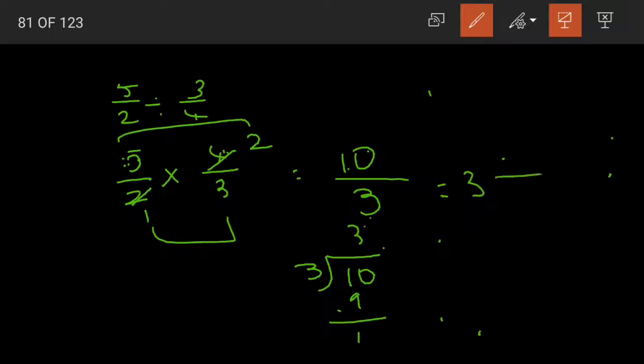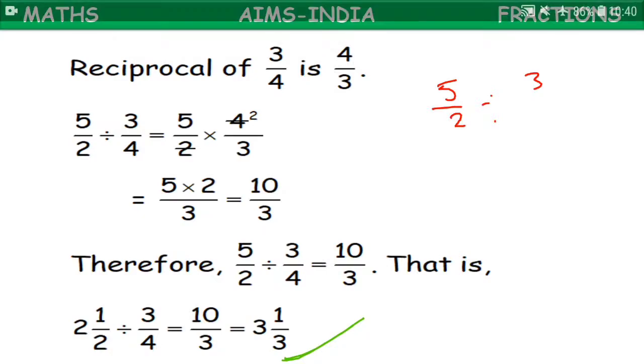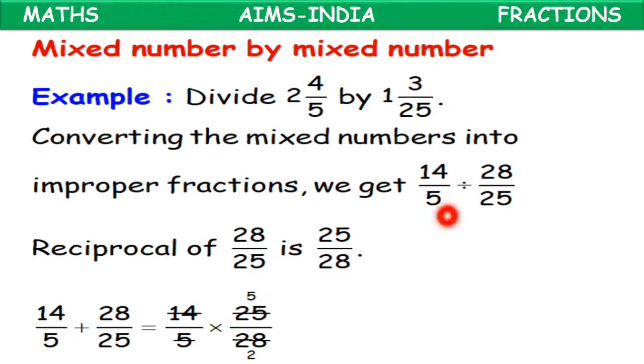The quotient 3 is written as the whole number, denominator as it is, and the remainder becomes our numerator. 3 1 by 3 is our final answer. Understood, children? The divisions are very easy, be it improper, proper or mixed numbers. We simply have to multiply the first fraction by the reciprocal of the second.